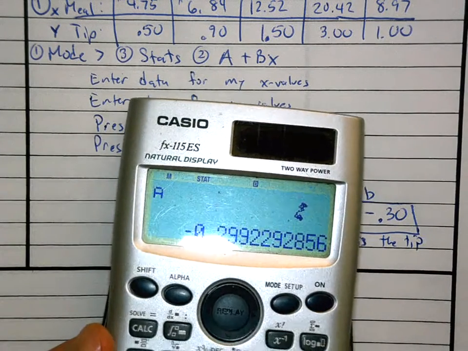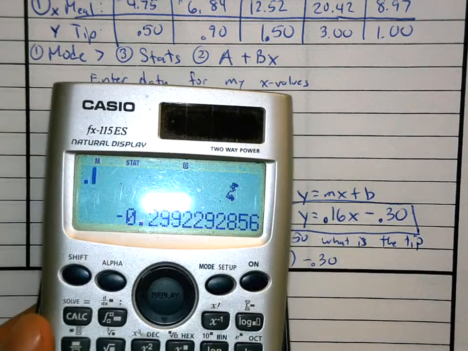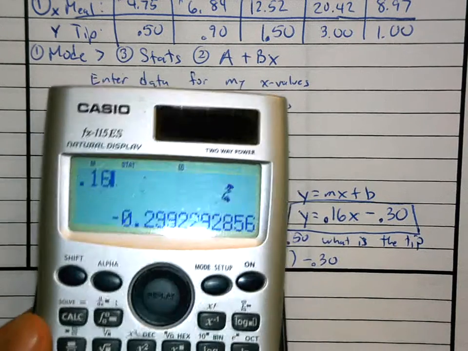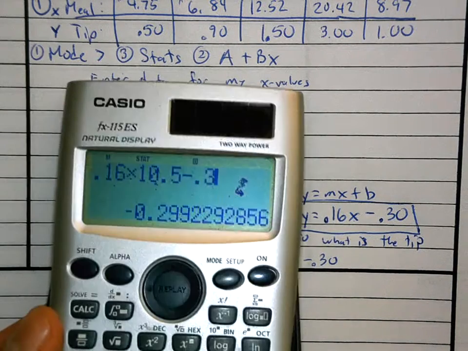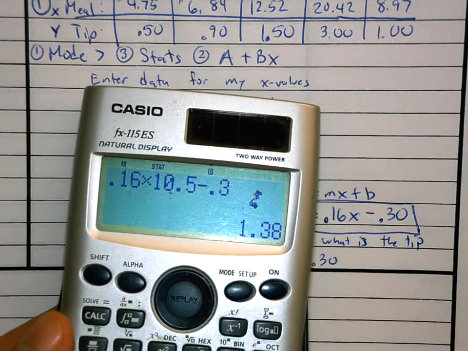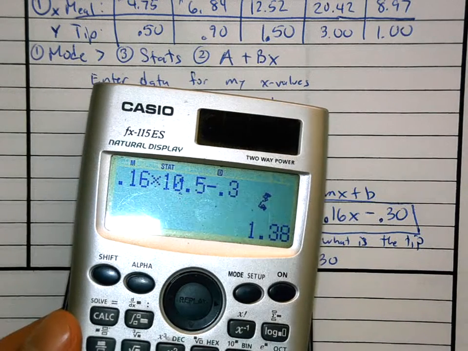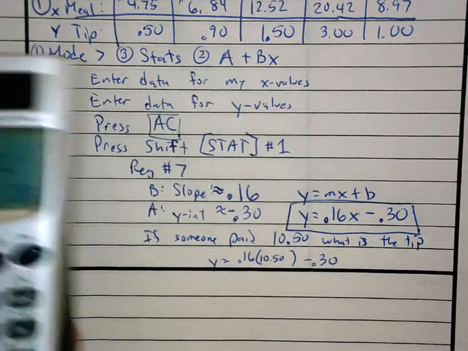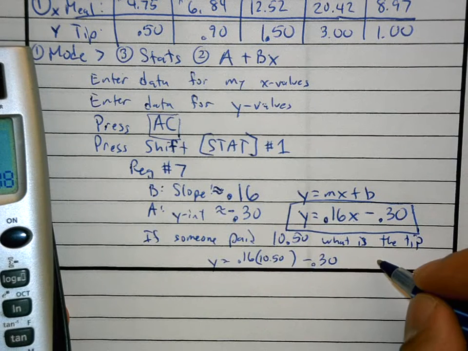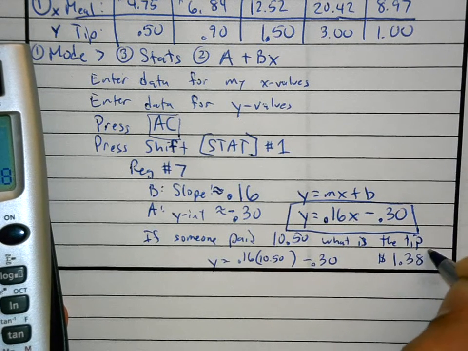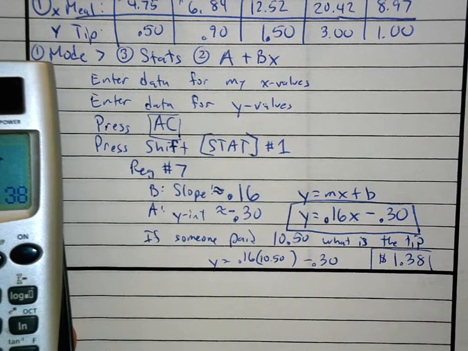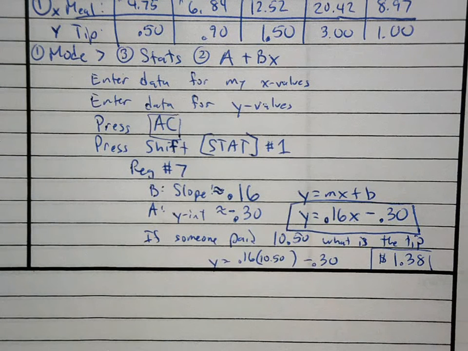Let me see if it will let me. 0.16 times 10.5 minus 0.3. And guess what it gives me? What tip should be expected? $1.38. And that's pretty darn close to what I got before.